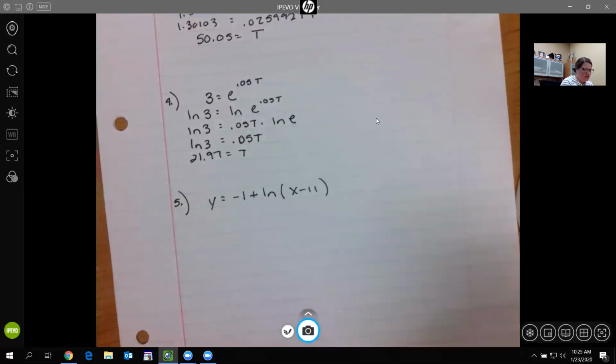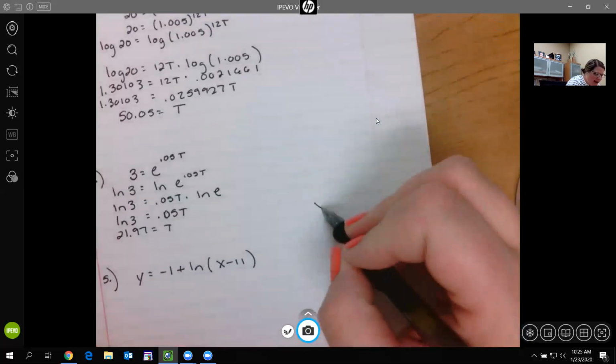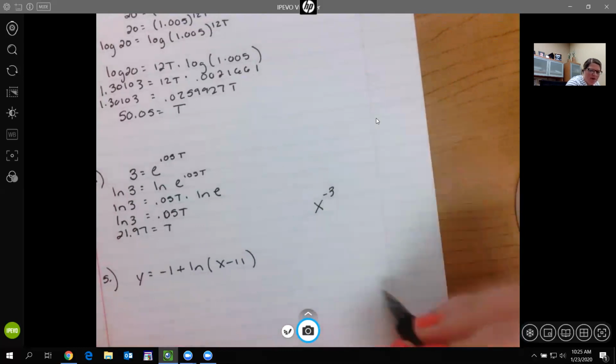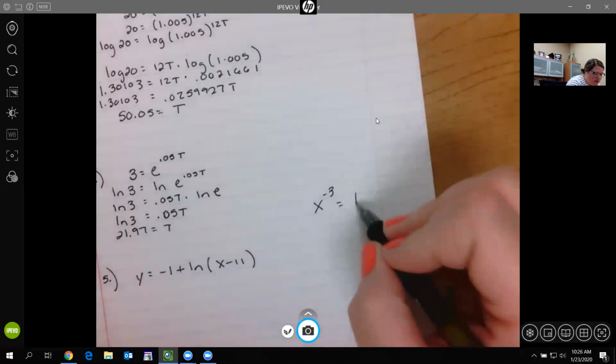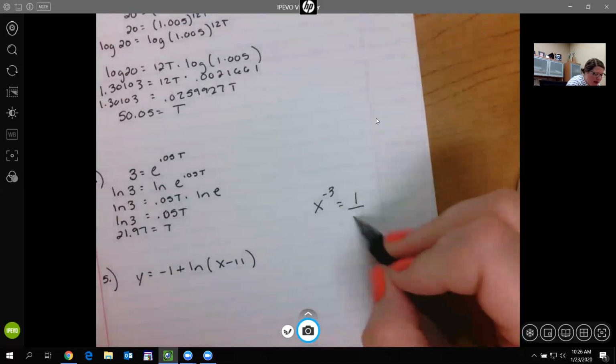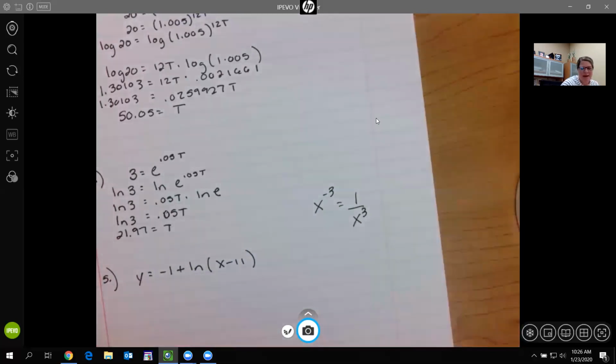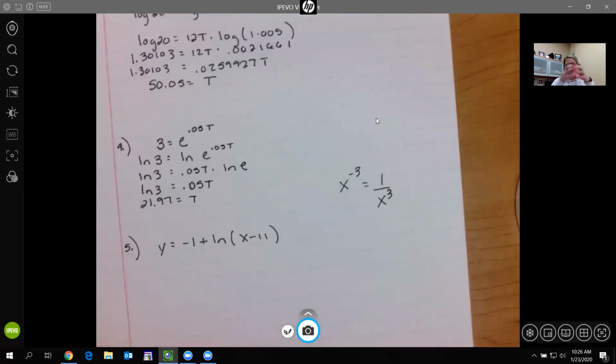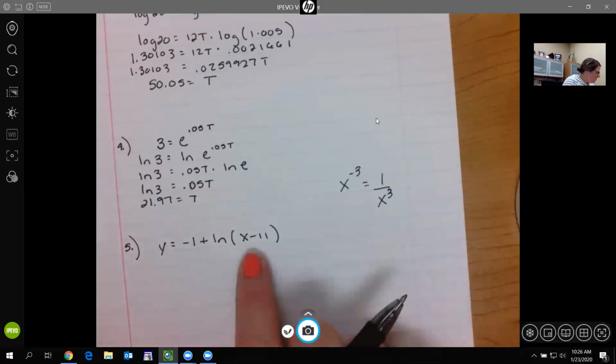So for example, just on the side over here, if I had x to the -3 power, I would move that from the numerator to the denominator and keep that same power. So when I have a negative exponent, I'm really going to get out a smaller number, but it's not going to be negative. So this will always be positive.